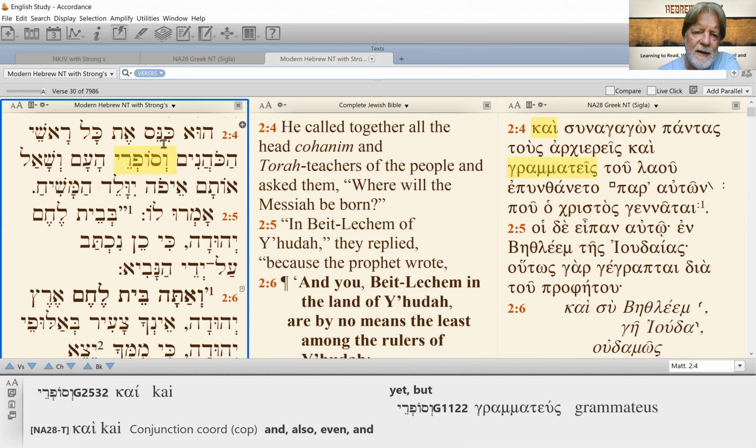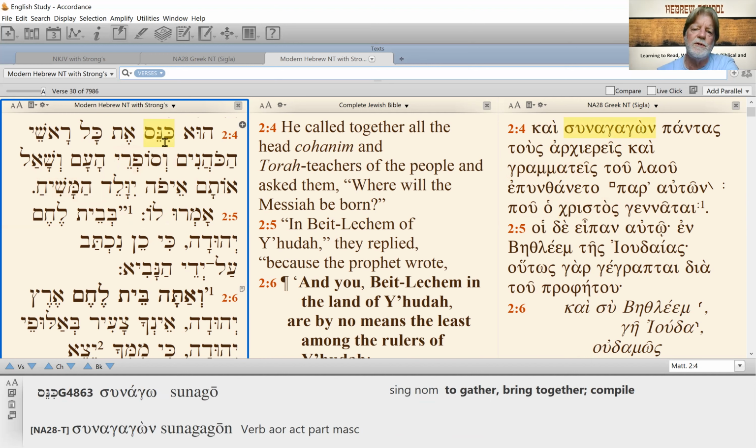It's the word kinas in Hebrew, which means to gather together. If we look at the Greek text over in the right-hand window, it's the Greek word synagogon, or synagogue. It's the Greek word from which we get the idea of a synagogue. And a synagogue is a gathering place. It's where people get together to do their business.